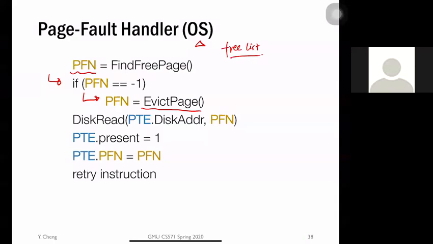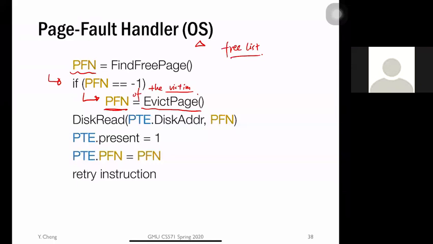That requires calling the function evict page, and its return value is the victim, the physical frame number of the victim. So this is another physical frame number.